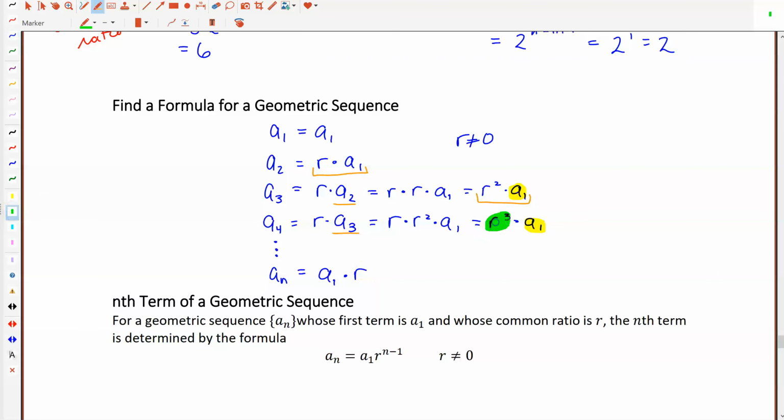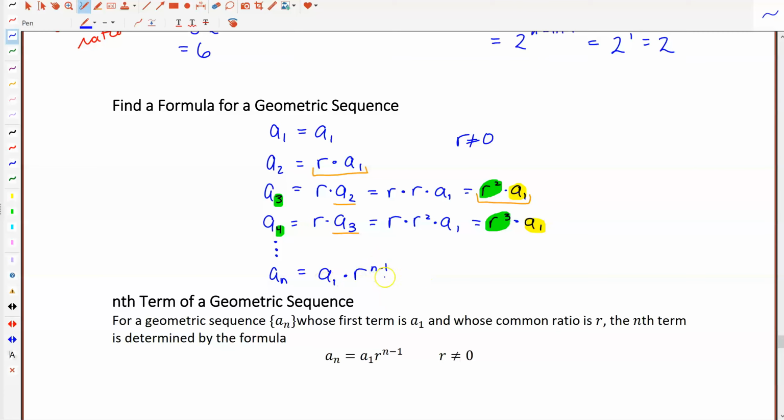The exponent on r is always going to be 1 less than whatever position I'm in. If I'm looking at the third term, the exponent on r is 2. If I'm looking at the fourth term, the exponent on the r is 3. So if I'm looking at the nth term, the exponent on the r is going to be n minus 1. It's going to be 1 less than the position I'm in.